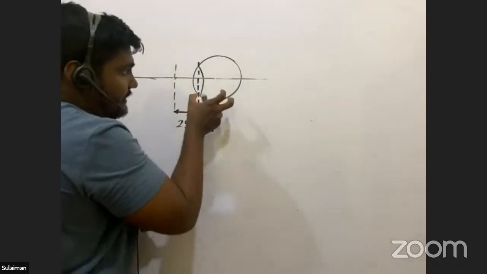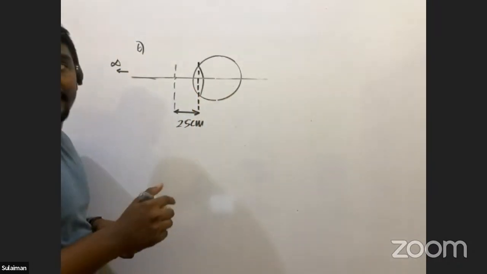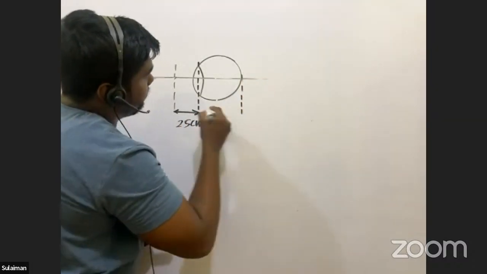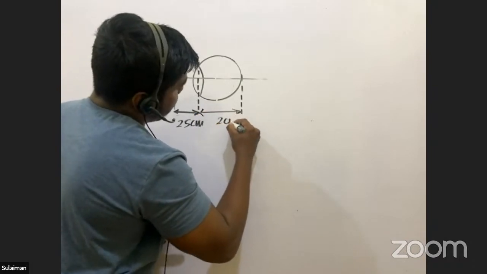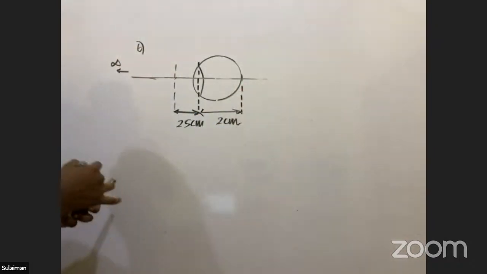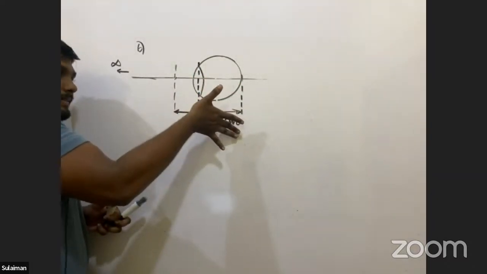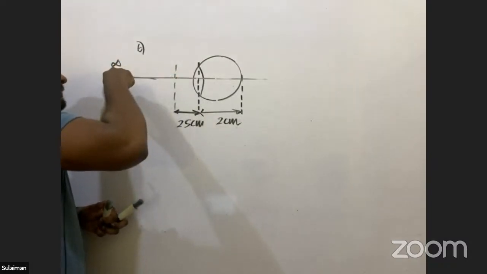So now they have given the diameter of this eyeball: 2 centimeters. Initially the diameter of this eyeball is 2 centimeters, and his range of vision is 25 centimeters to infinity.